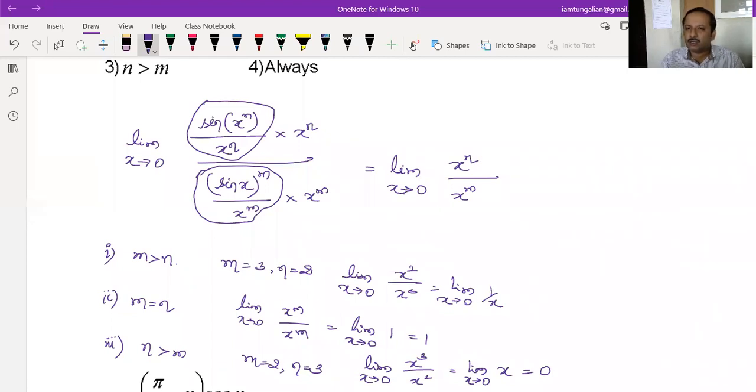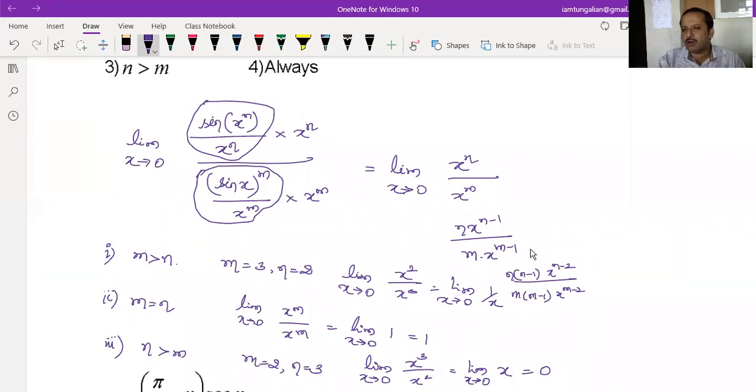Okay. So here Deepak is asking, sir, why can't we use L'Hospital's rule? No, you can, but it is a never-ending process. Because if you differentiate once, you are going to get n x power n minus 1 divided by m into x power m minus 1. Now, if you apply the limit, still you are going to get 0 by 0. So again, you have to use L'Hospital's rule. n minus 1 into x power n minus 2 divided by m into m minus 1 into x power m minus 2.